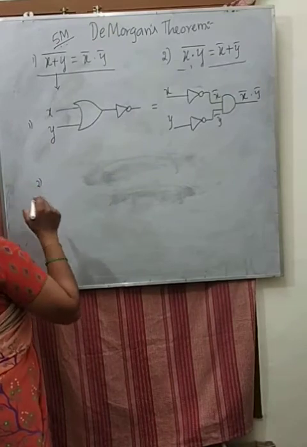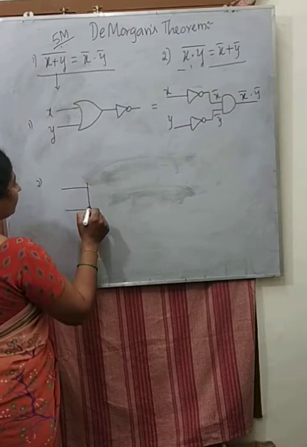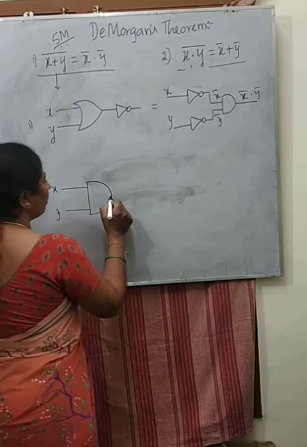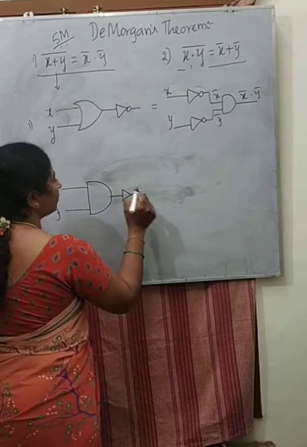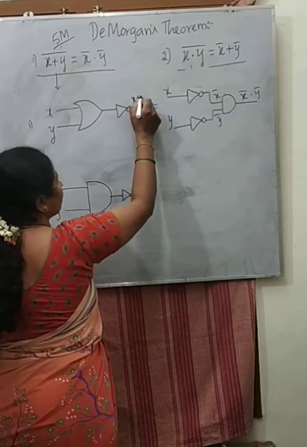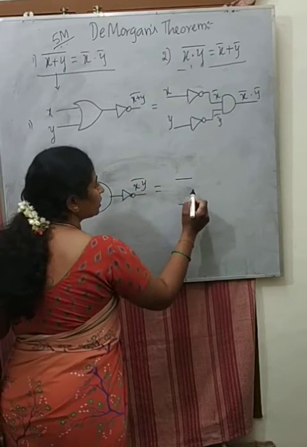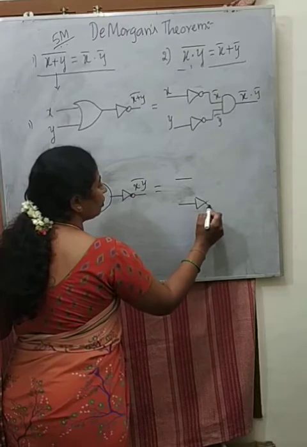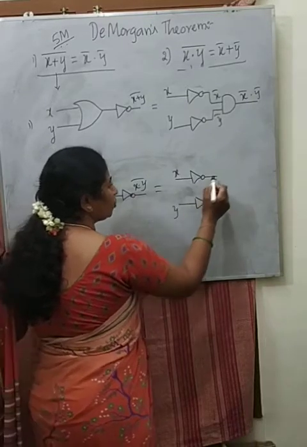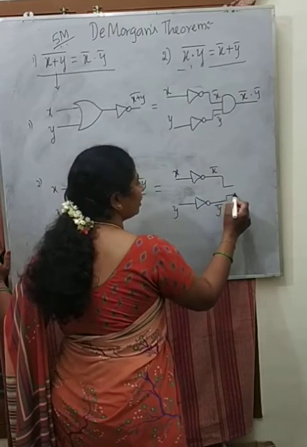What is the second statement? The complement of the product of 2 variables is equal to the sum of the 2 variables' complements. What operation are we doing here?